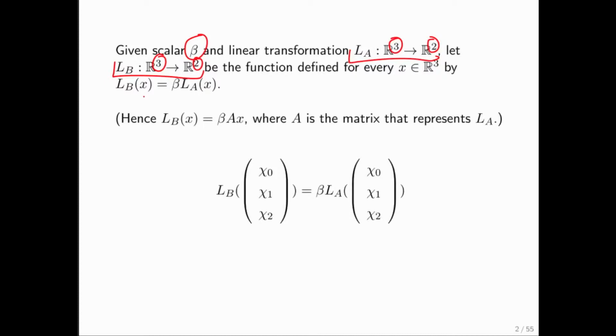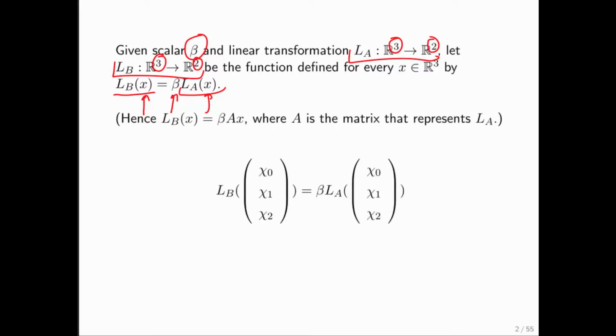The way it's defined is, if you put in a vector x, you compute L sub b of x by taking that same x and plugging it into the linear transformation L sub a, and then multiplying the result vector by beta. Notice that you know how to multiply a vector by beta. That's just a matter of multiplying the individual components by beta. And therefore, if we know what L sub a is, we know how to evaluate that.